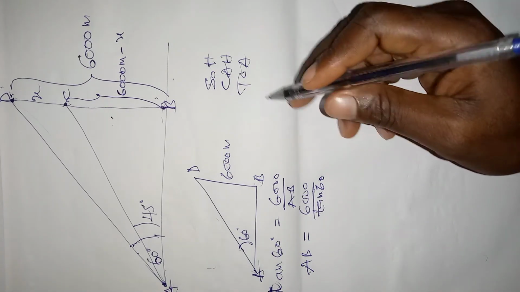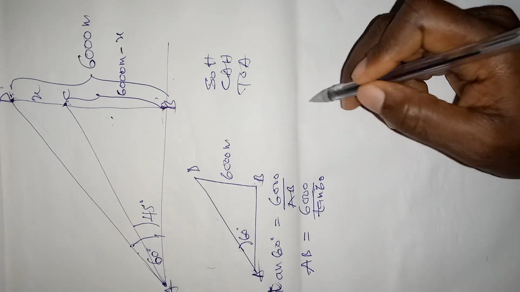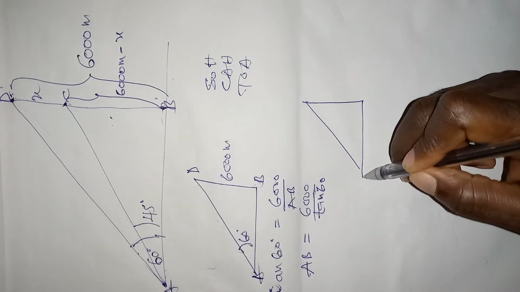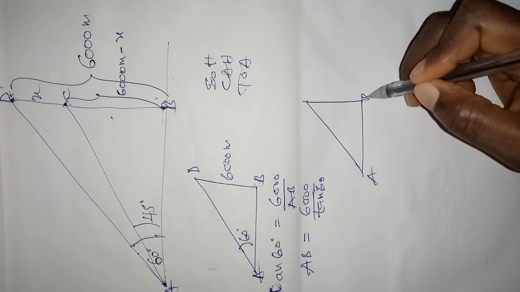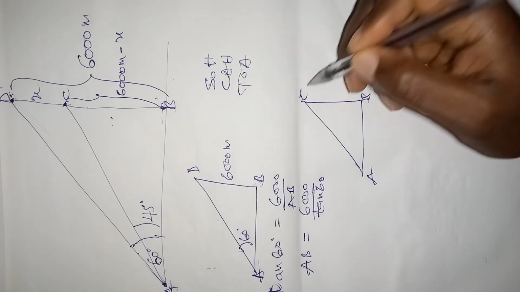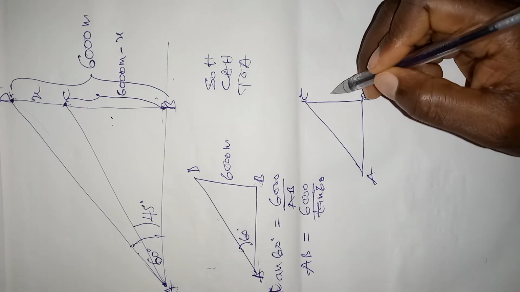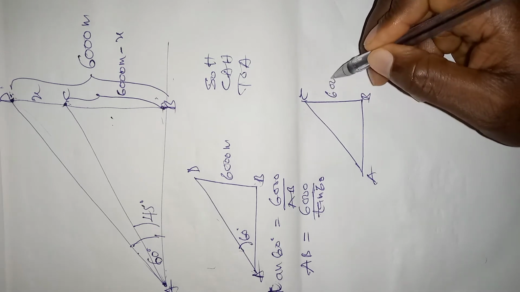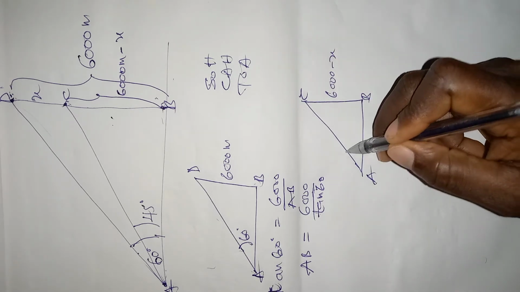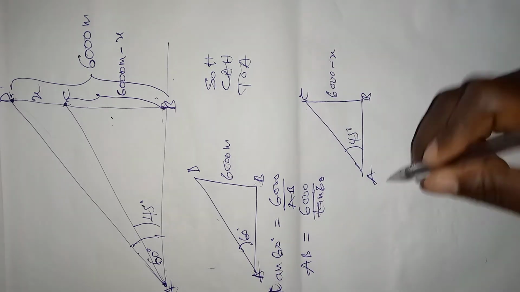Similarly, let's also look at triangle ABC. So the height BC here is 6,000 minus x, and the angle is 45 degrees.